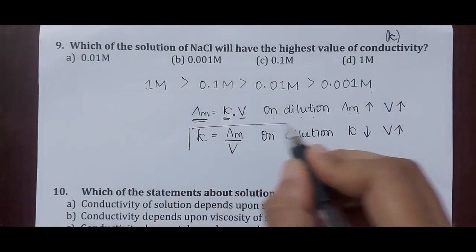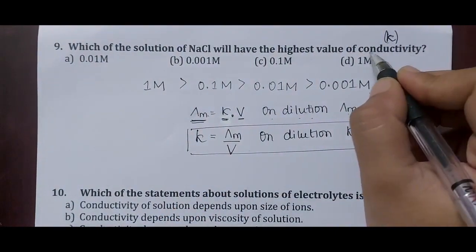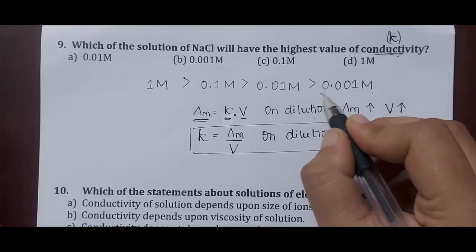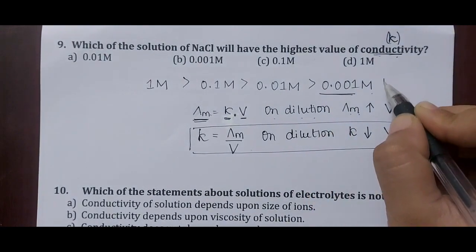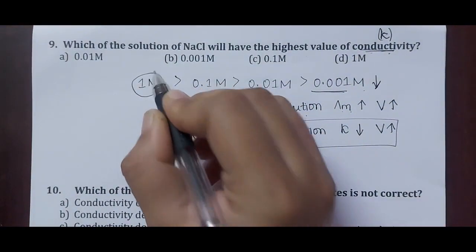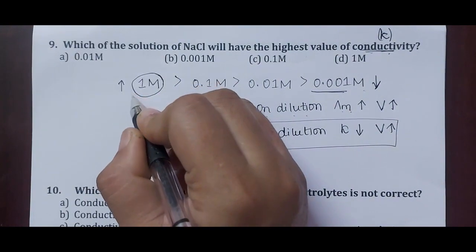Considering this factor, since it is asked conductivity, we can say that the more dilute the solution, the less is the conductivity. The more concentrated the solution, the greater is the conductivity.